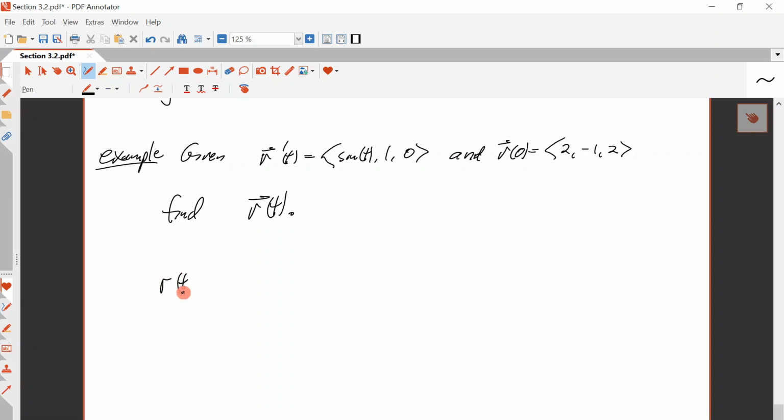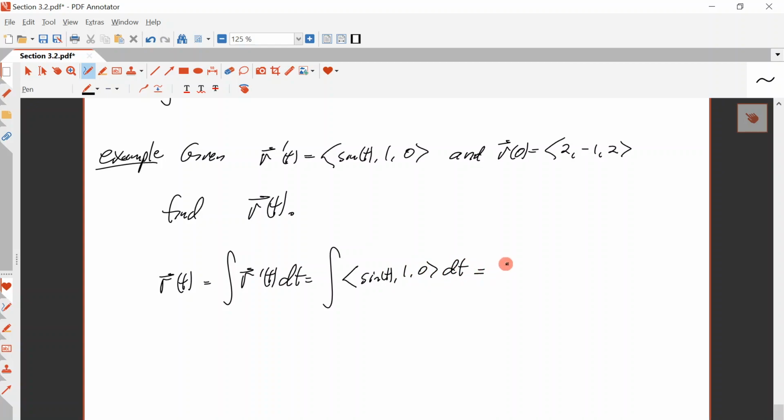Well, r of t is going to be an antiderivative of r prime of t. That's the derivative of r of t. So the antiderivative is going to give you r back, give or take a constant term. And that constant term is going to be a vector term in this case. So this is the antiderivative of sine t, 1, 0 dt.